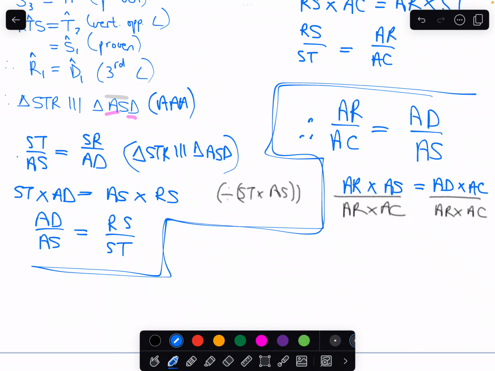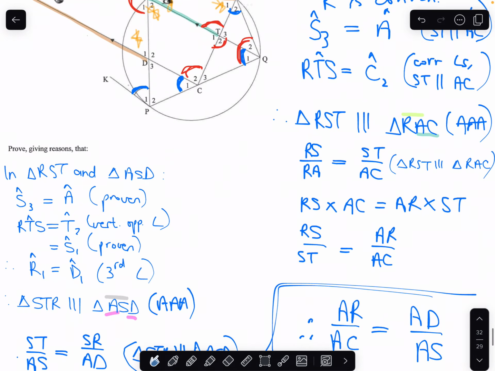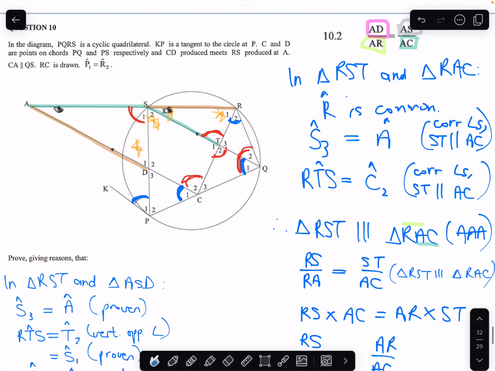Right? So therefore, AS over AC is equal to AD over AR. Right? AS over AC is equal to AD over AR.